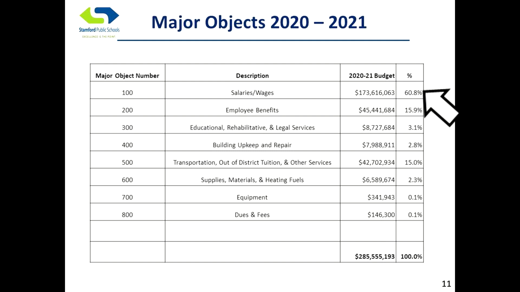As you can see, for 2020-21, salaries and wages plus benefits equals over 75% of the total operating budget. When object 500, which is comprised of transportation costs and out-of-district special education costs, is included, over 90% of the total budget is accounted for.